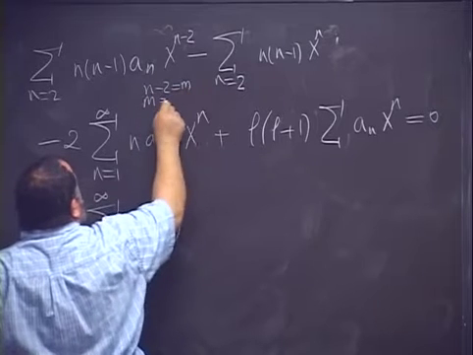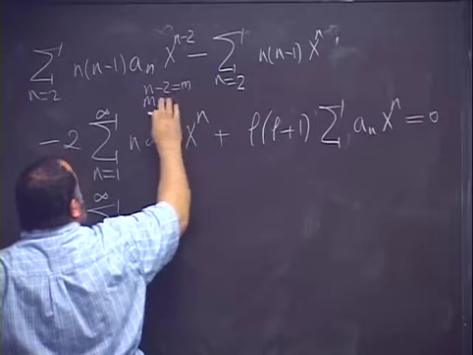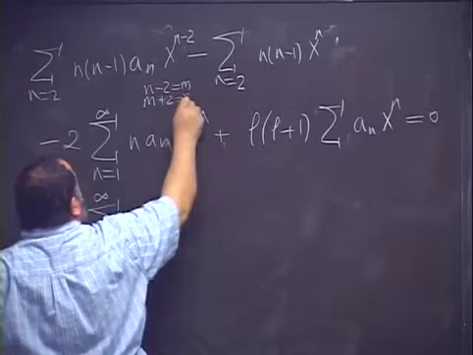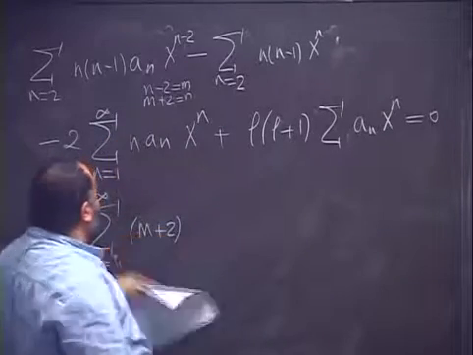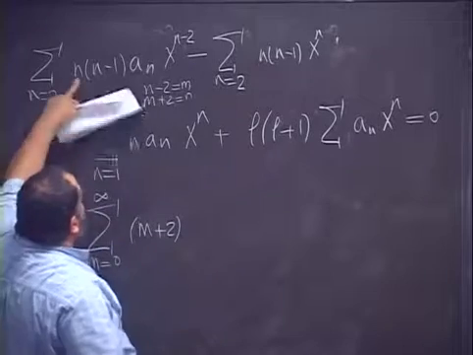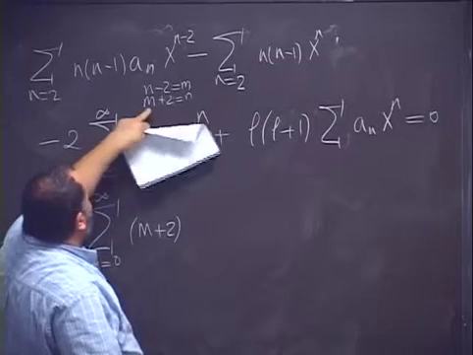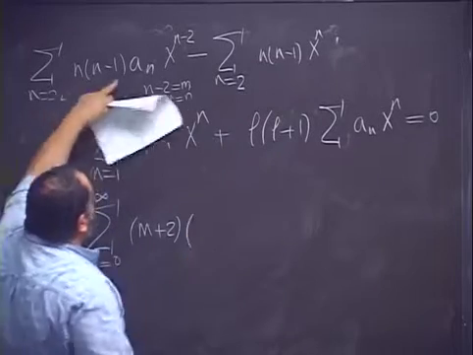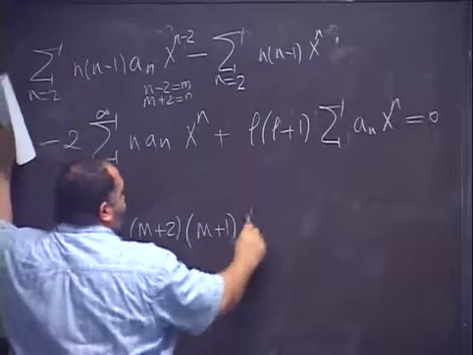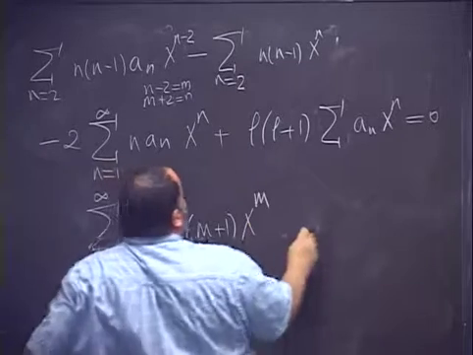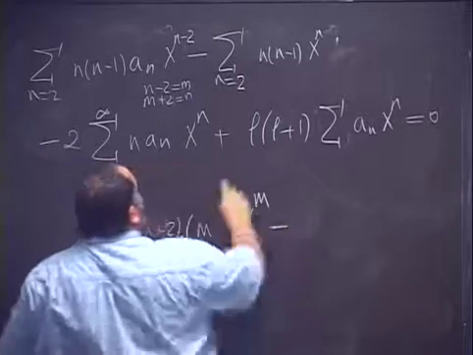So m plus 2 equals n. So n minus 2 is m, and n will be m plus 2, multiplied by n minus 1, which is m plus 1, multiplied by x to the power of m, plus or minus.